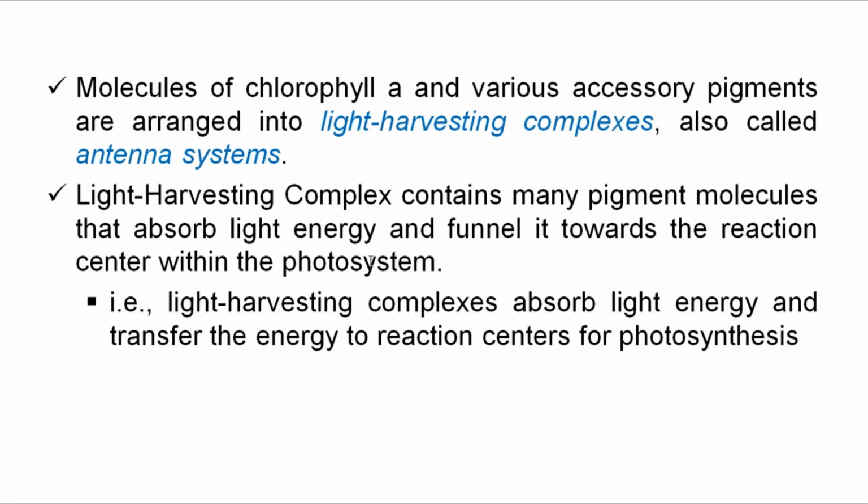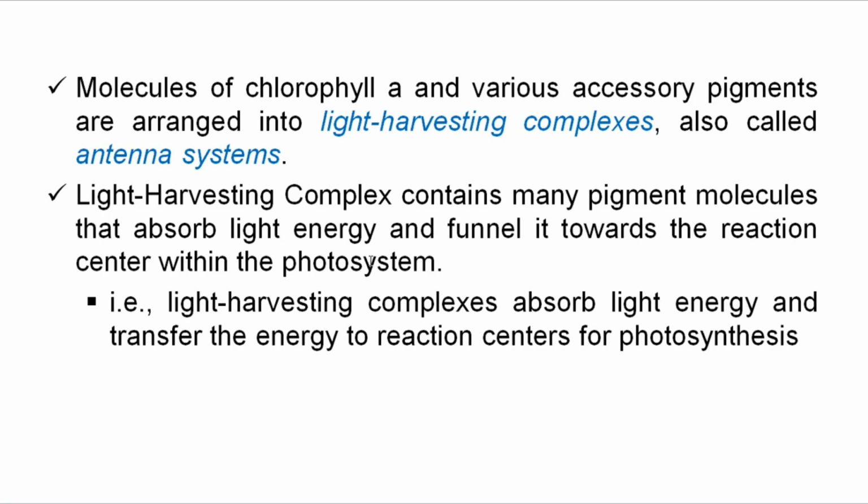There are light-harvesting complexes, antenna systems. And this complex contains what? Different pigments: chlorophyll A, chlorophyll B, chlorophyll C, and carotenoids. And they absorb what? Light energy. Then they transfer or funnel that light energy towards the reaction center within what?